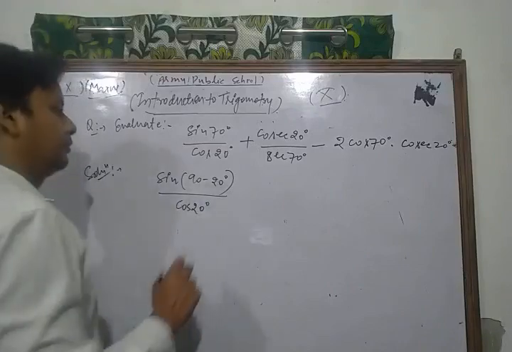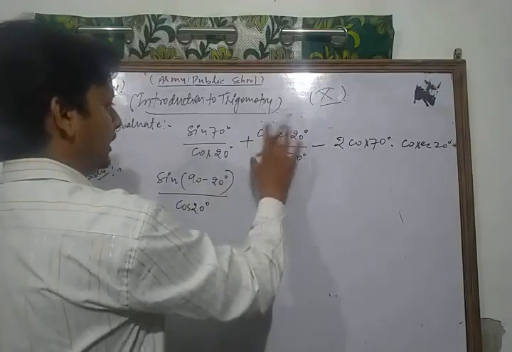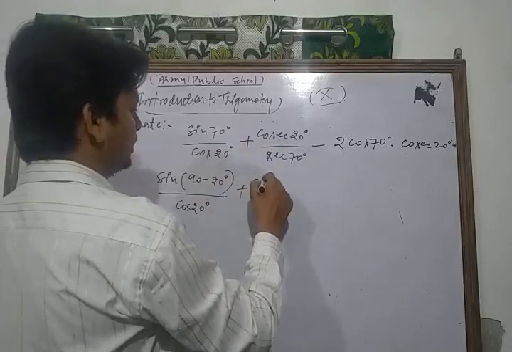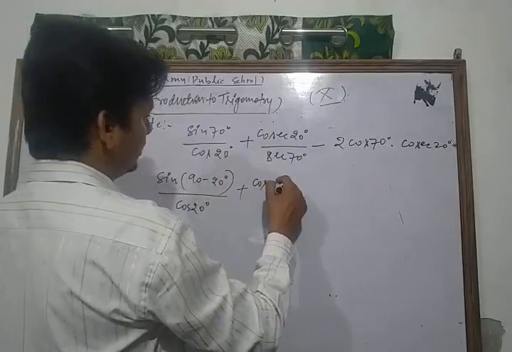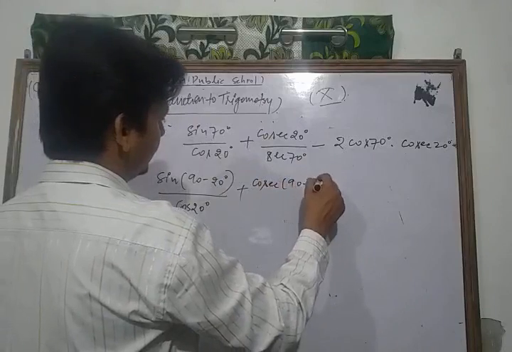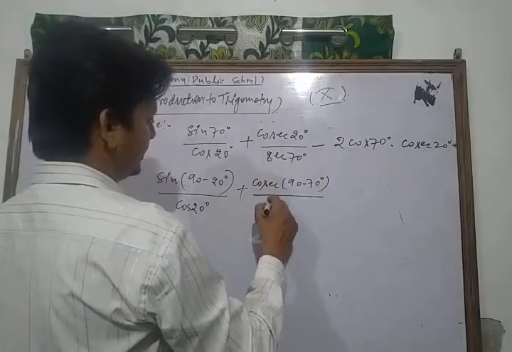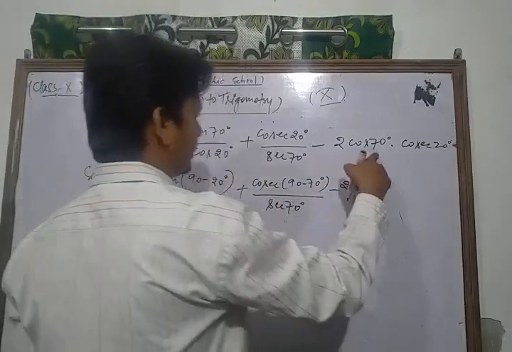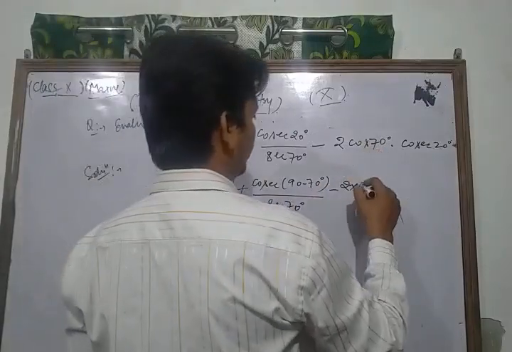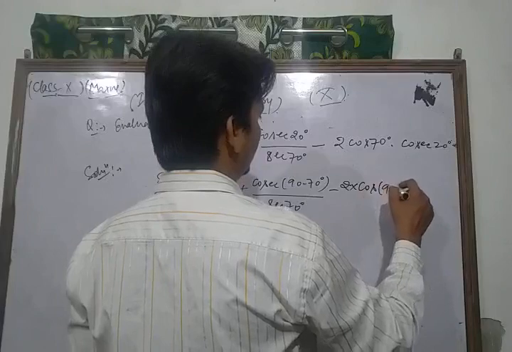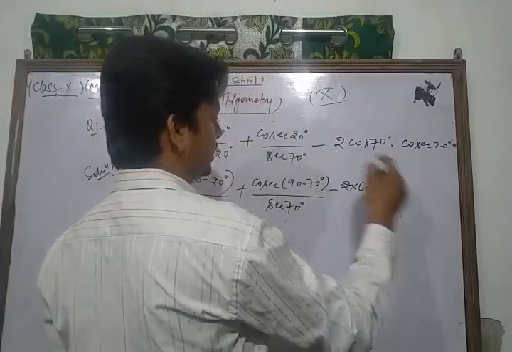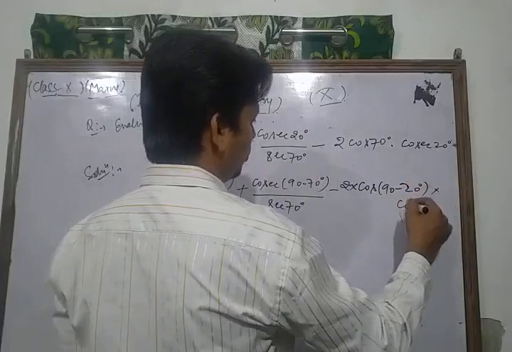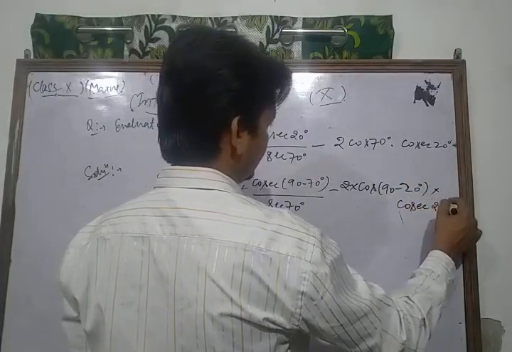Same method applying to the second part of that question. Cosec 20 we can write cosec (90 minus 70) degree, and upon sec 70 degree as it is, minus 2 into, we convert 70, so we can write cos (90 minus 70), 20 degree, sorry, and into cosec 20 as it is.